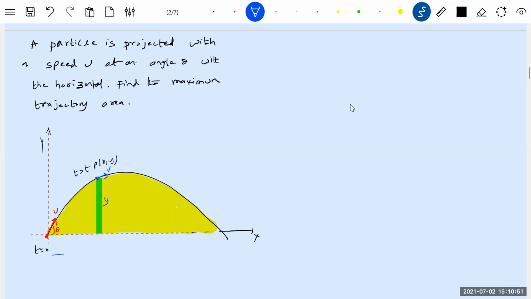Then this is y, this is x. Let this be dx. Can you remember integration? If you know this elemental area dA, integrating it we can get the total area under the curve, bounded by the trajectory, and this area has to be maximized. What are the conditions for it? And find that maximum trajectory area.